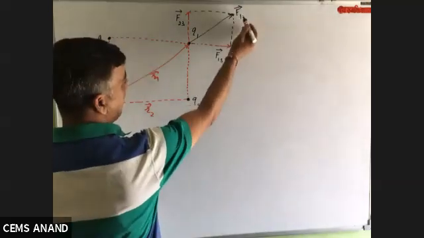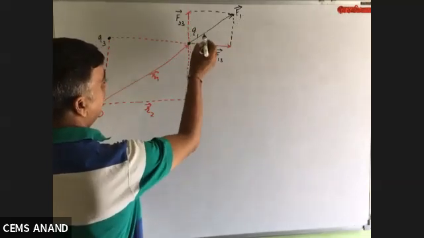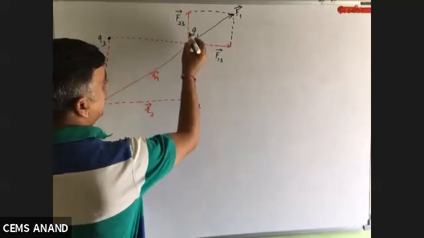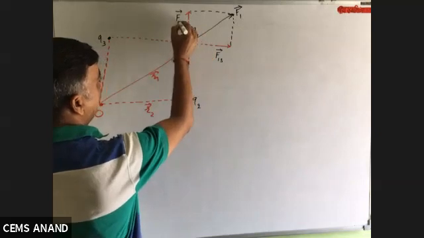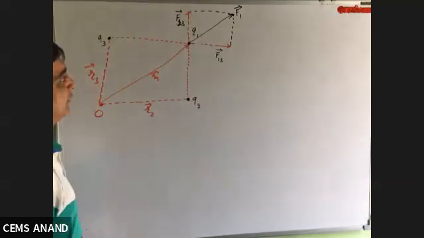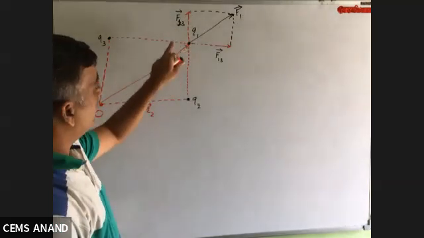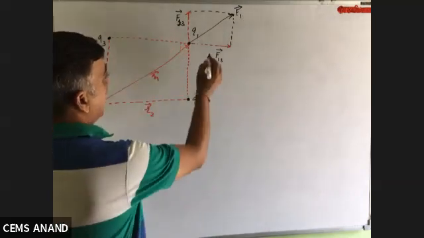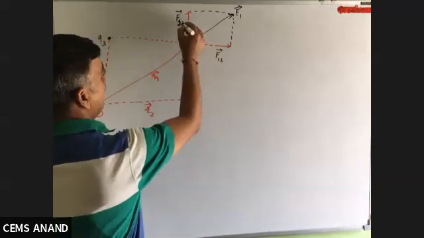So F1 is the sum of F13 and then it's from 2, that's why it's 12.